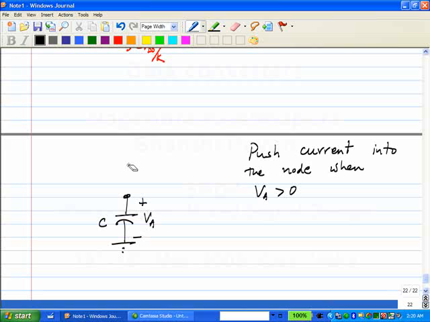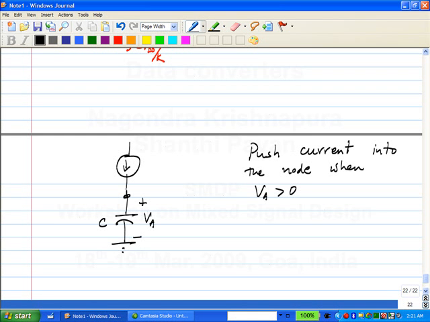In other words, depending on the value of the voltage VA minus 0, we are pushing a current which is dependent on VA. So onto this node, what we are doing is pushing a current which is dependent on VA minus 0.